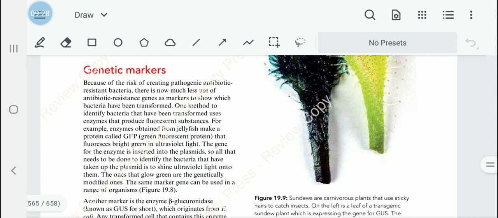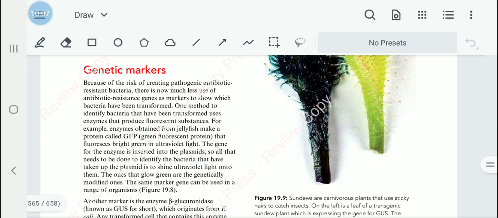Instead, we can identify the bacteria by using enzymes that produce fluorescent substances. When you obtain enzymes from jellyfish, they make a protein called GFP, the green fluorescent protein, which would be bright green in ultraviolet light.